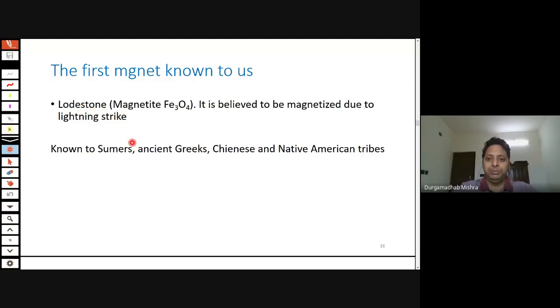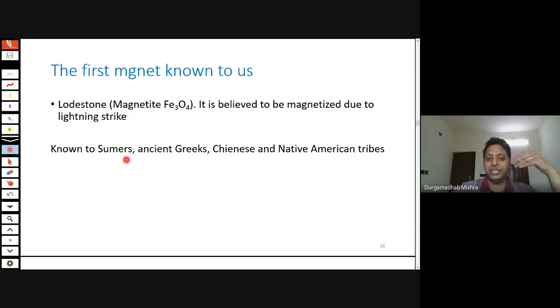It was believed that it was magnetized when lightning struck this lodestone, this magnetite, so it became magnetic, and then people found out that it attracts iron and so on. That is how it was believed to be found. It was a few thousand years ago when the first magnet was found.